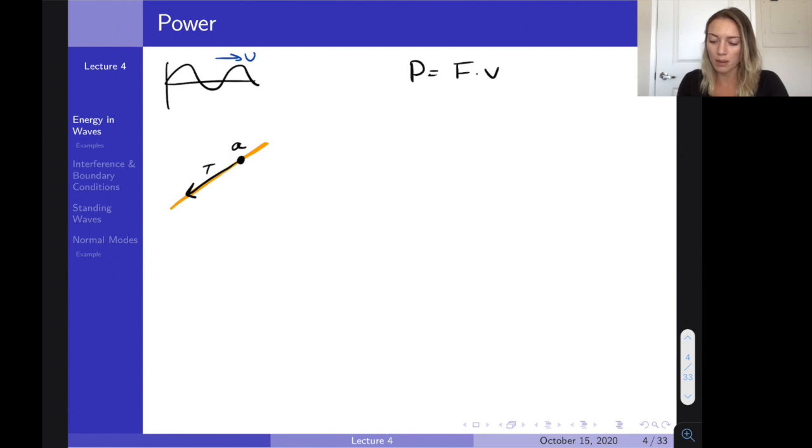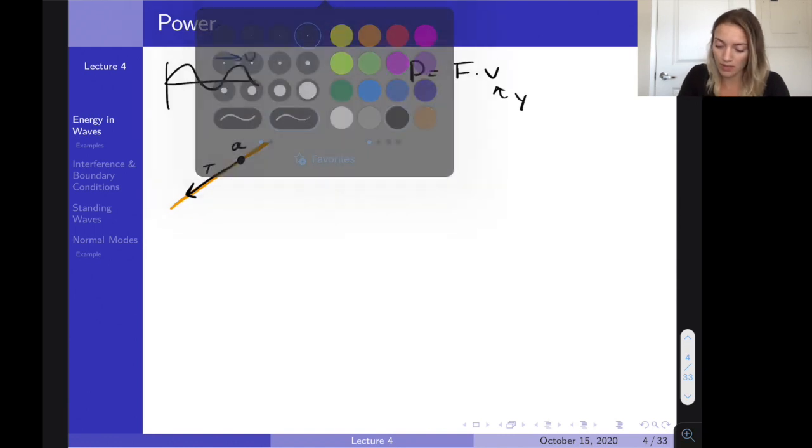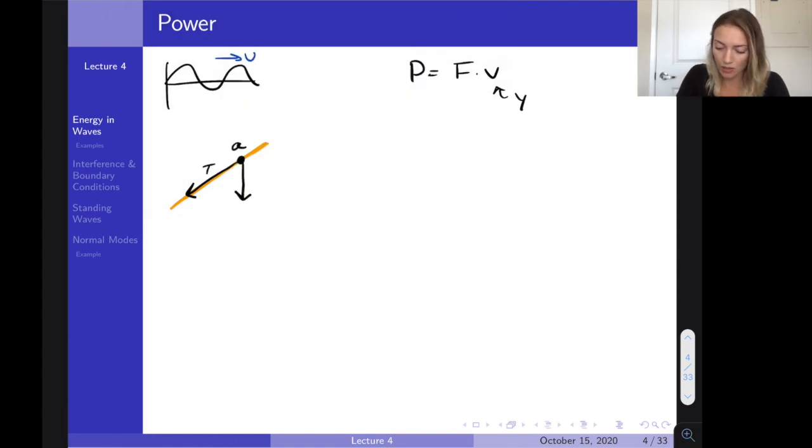So if our velocity is in the y direction, that means only the force in the y direction is going to contribute here. The x direction will drop out of the dot product, so we only care about the y component of the tension now.